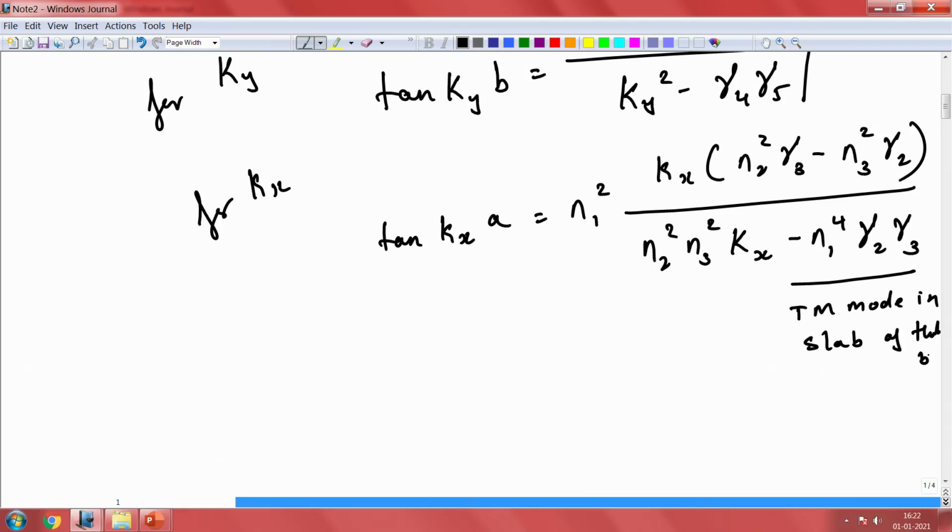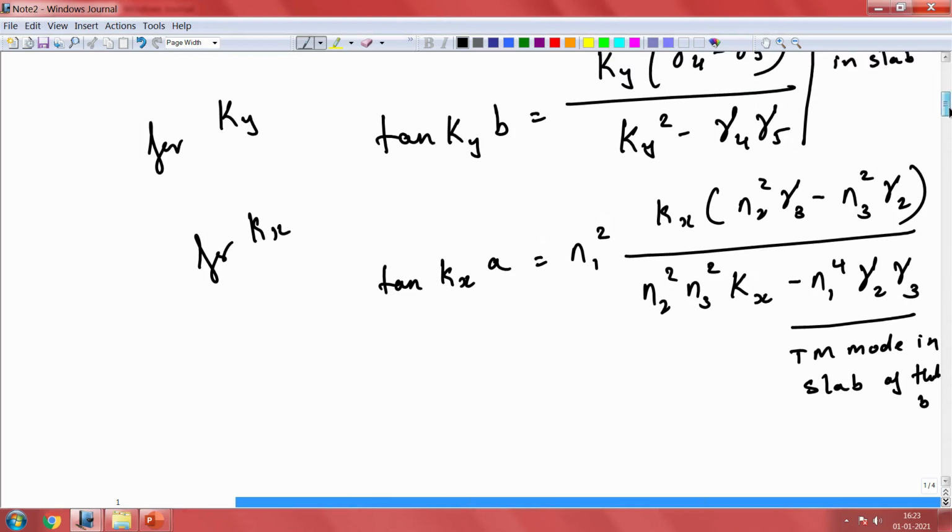So, you can have these two nicely done for both kx and ky, which would completely describe the mode field, and you could use this for the other regions as well, 4 and 5.